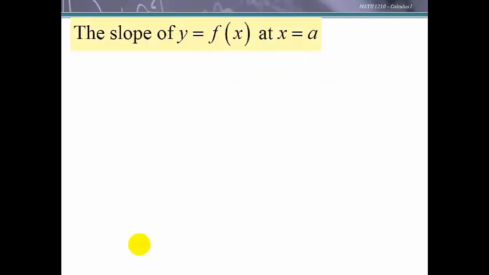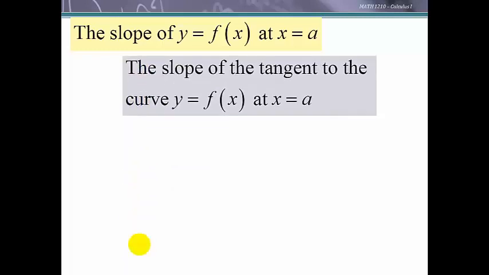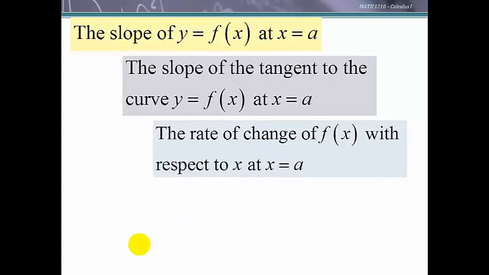This last screen will just be a lot of different ways to state this idea of the derivative. The slope of y equals f of x at x equal a, so the slope of this curve at a, is the derivative. The slope of the tangent to the curve at x equal a, if we looked at that tangent line itself and its slope, which would be the same as the slope of the curve, that's another way to state this idea of the derivative.